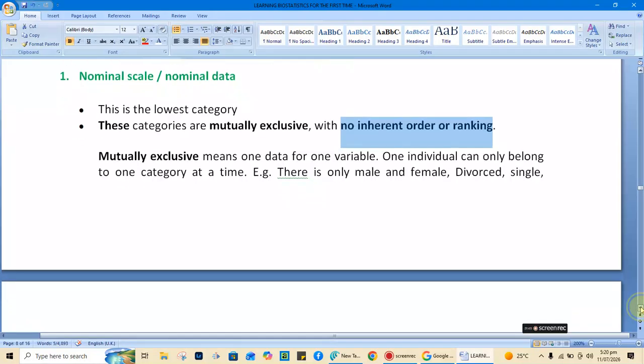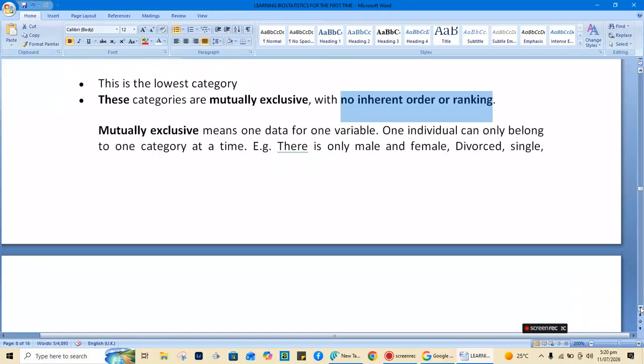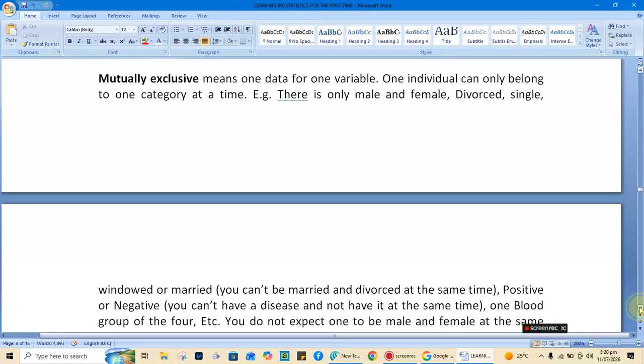At first we laid down different variables, for example age and marital status. Now we want to look at where they fall. Marital status, maybe HIV status or health status, all of these fall under nominal scales.